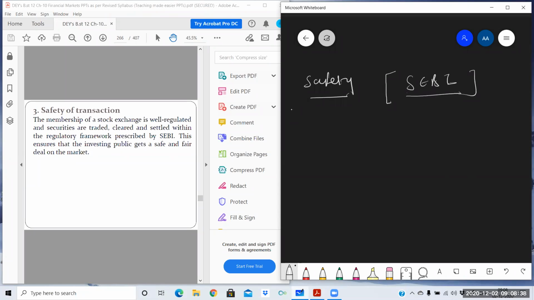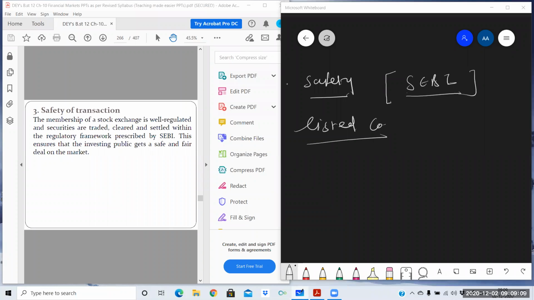SEBI has very strict rules and regulations which need to be followed by all the stock exchanges as well as all the companies which are listed on the stock exchange. They are known as listed companies. Listed companies means the name of the company is written in a stock exchange, and only the shares of those companies can be traded on the stock exchange whose name is written in the official list of the stock exchange.